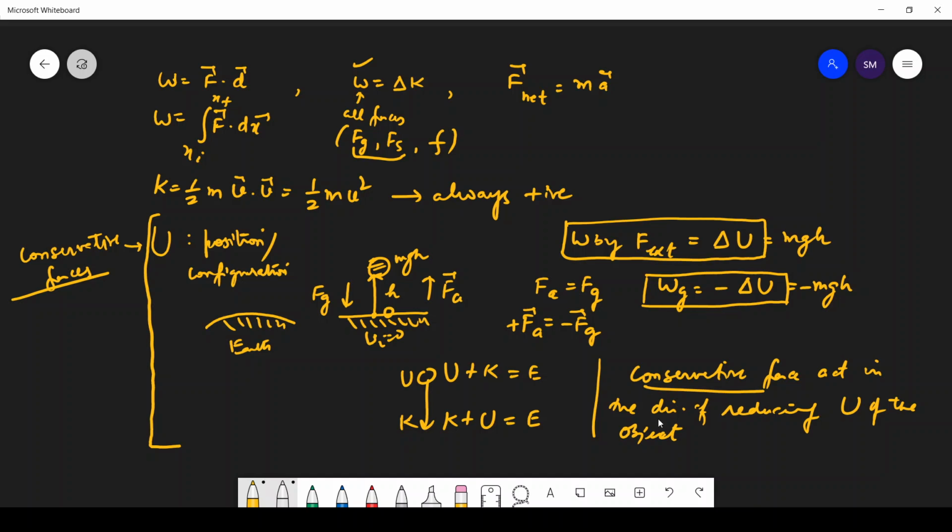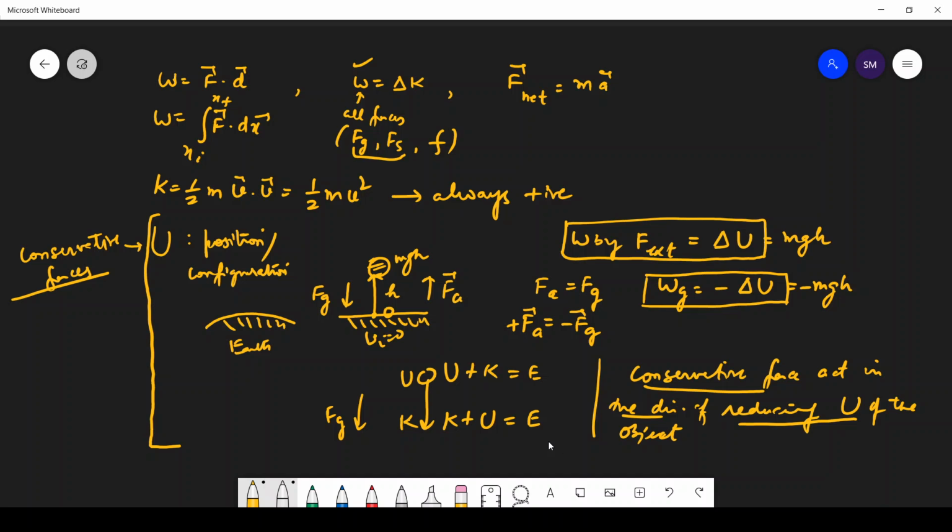That is the direction of a conservative force. The direction is always in the direction of reducing the potential energy, like here the potential energy was reducing. So that's the direction of a conservative force, that is, gravitational force.